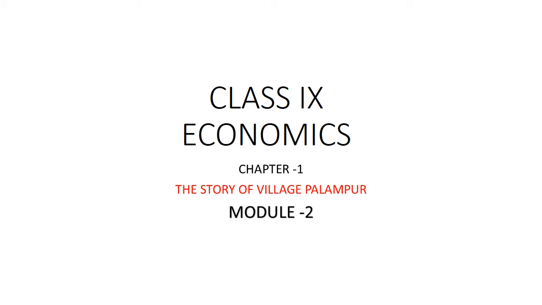In this module, we are going to talk about the farming practices in the village Palampur. In this, we have a description about the changing farming methods. The farmers are able to grow more crops on the same piece of land due to multiple cropping and modern cropping.